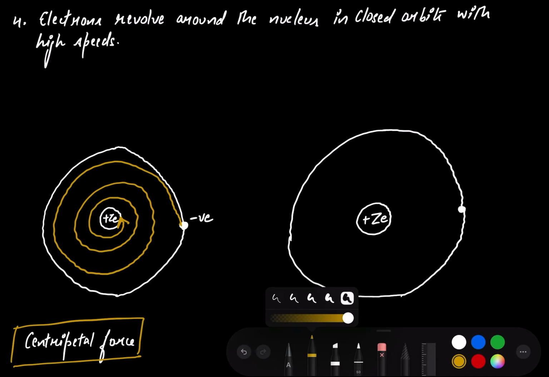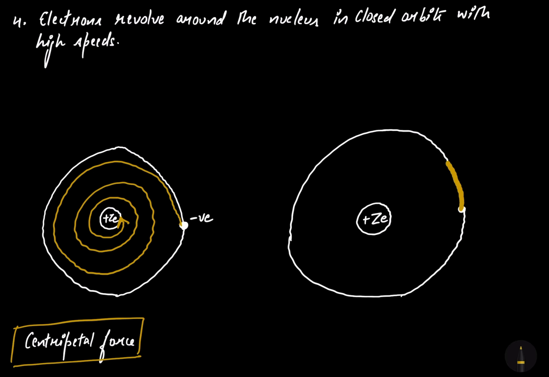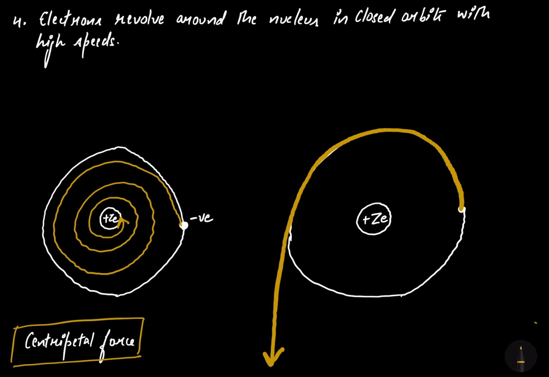Please have a look at the diagram. So this is the electron revolving in the path. If the centrifugal force is high, then this electron will get out of that path. This will be the result of centrifugal force.